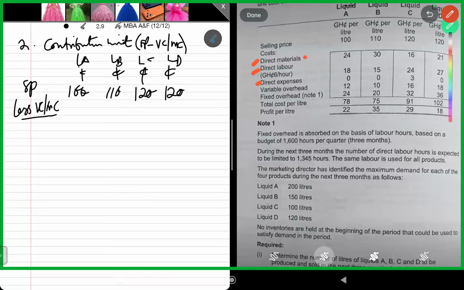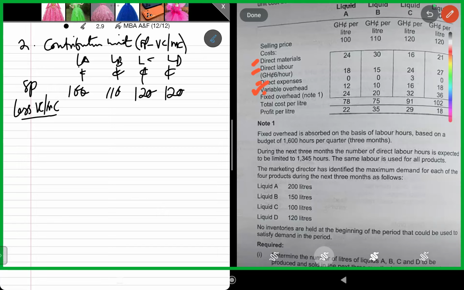And these, direct materials to direct expenses, are called prime cost or direct cost. Variable overhead will also change when the activity level changes. But the fixed overhead doesn't change regardless of activity level.